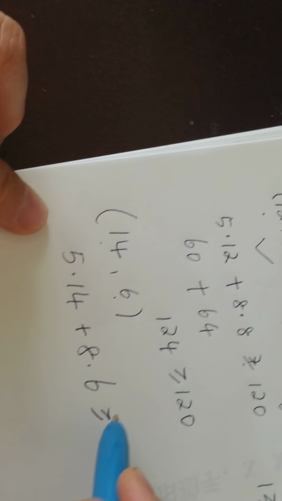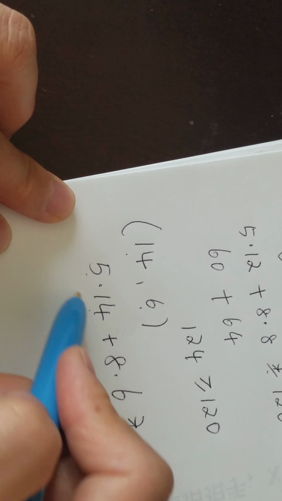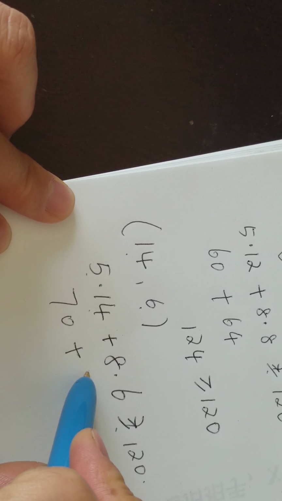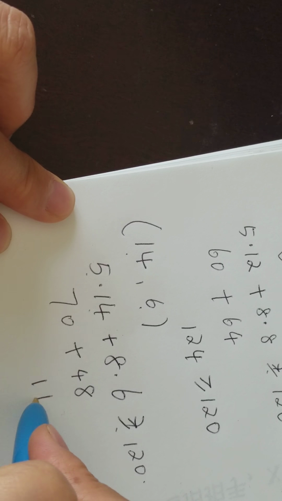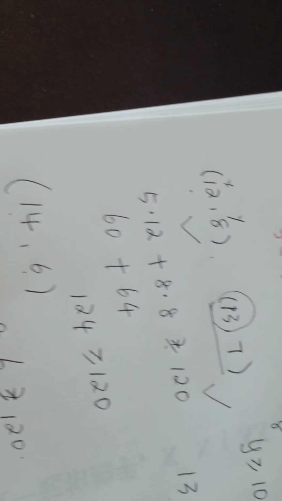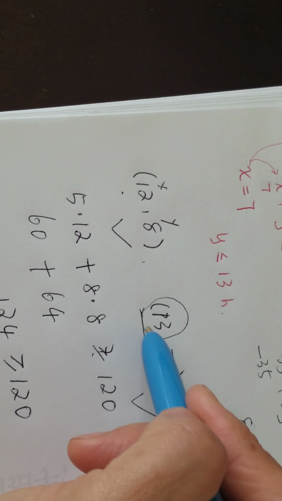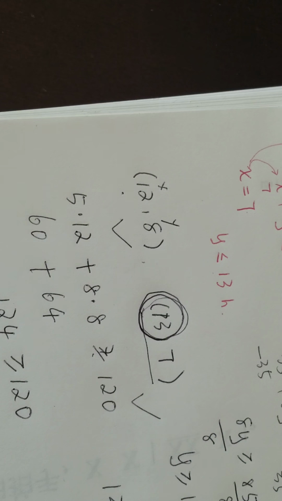Will this be greater than or equal to 120? That's 70 plus 48, which is 118. That doesn't meet the requirement. Therefore, the greatest number for x is 13.